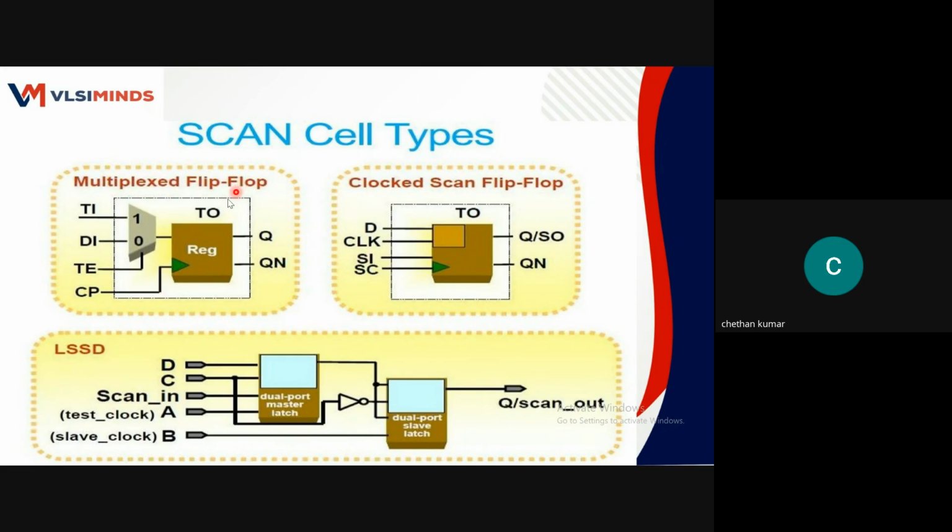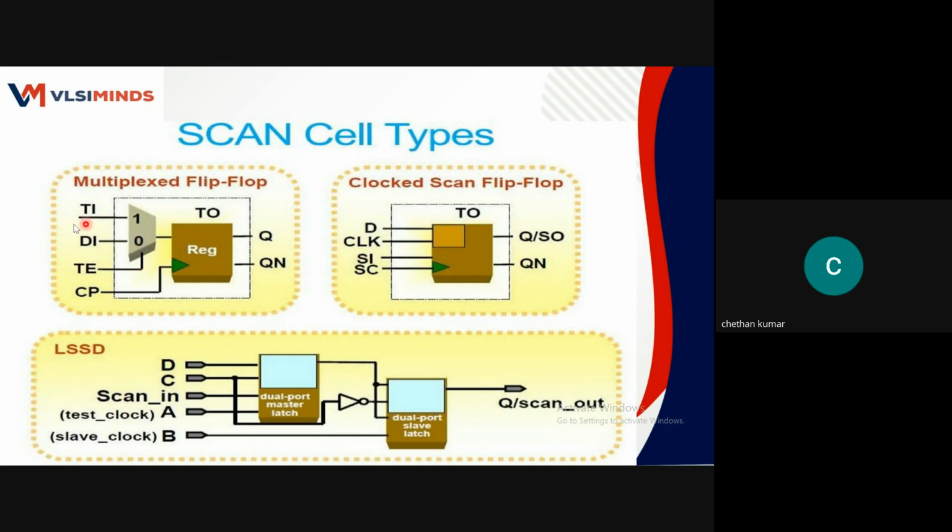That is the multiplexed scan cell. Here you can see the difference between these three. This is the shift flip-flop. To the flip-flop, the D input is connected through a multiplexer which has two inputs: one is test data, the test input, and the other is data input.